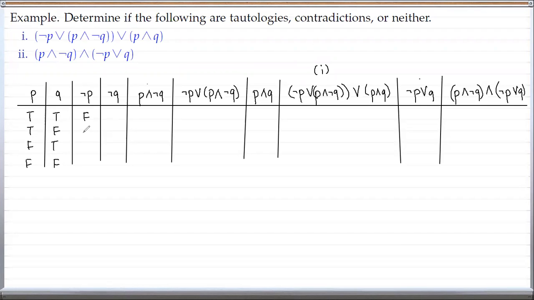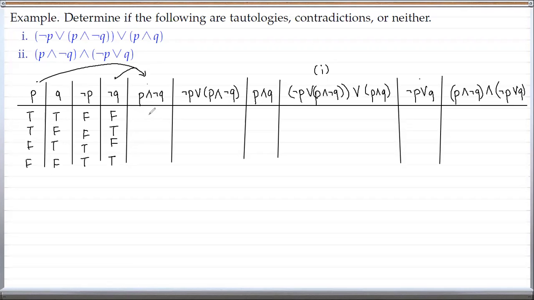We have false, false, true, true. We have not Q. We just negate the Q column. False, true, false, true. We have P and not Q. So we combine these two to get this one, P and not Q.